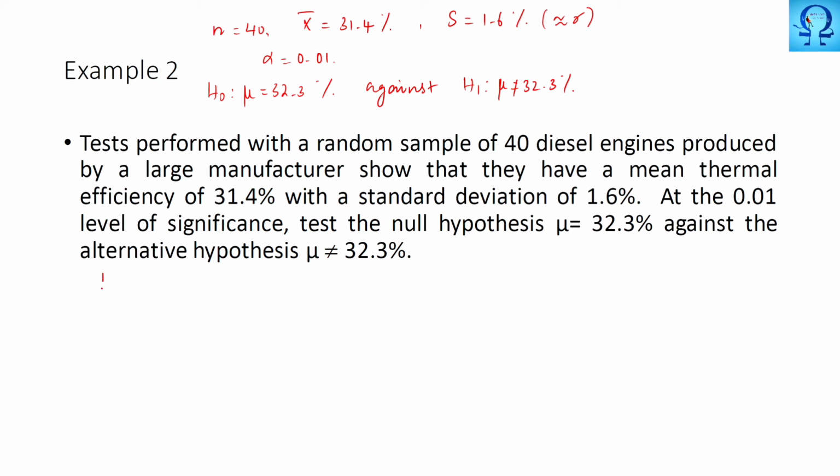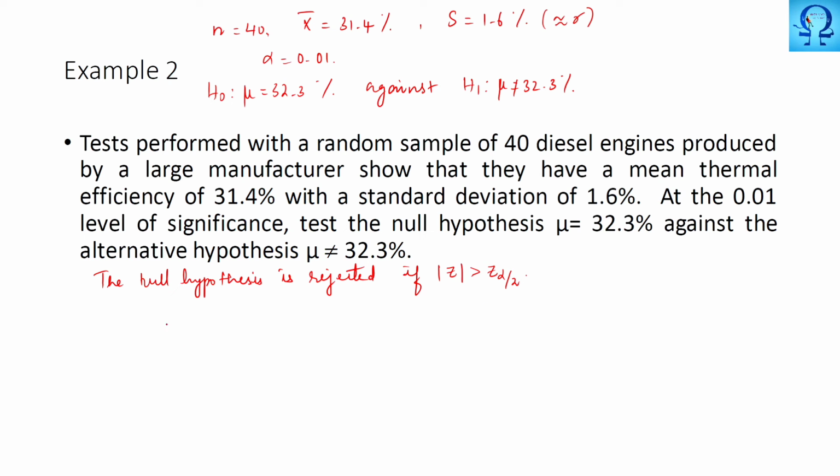So the null hypothesis is rejected if absolute of z is bigger than z alpha upon 2.